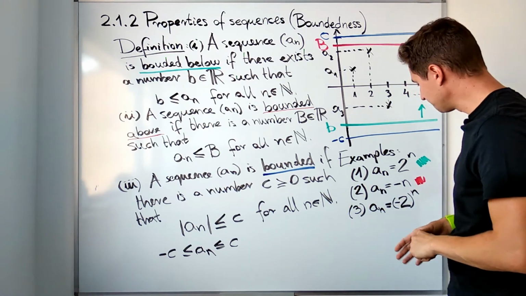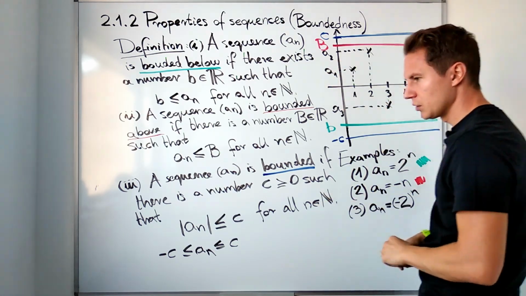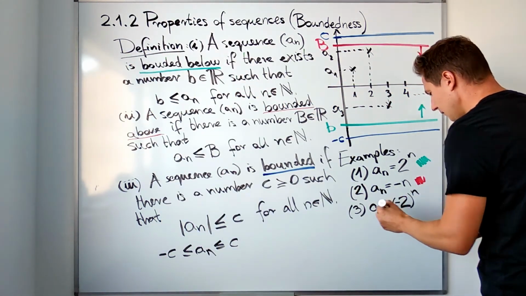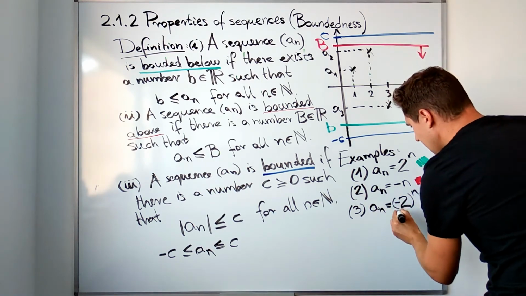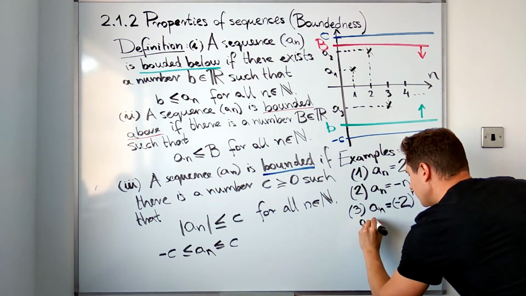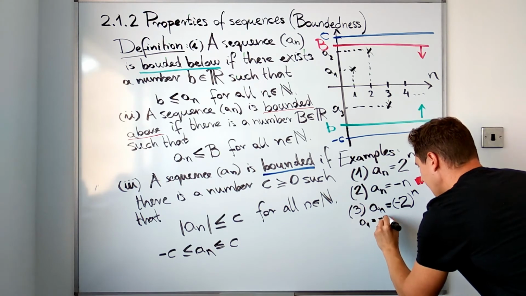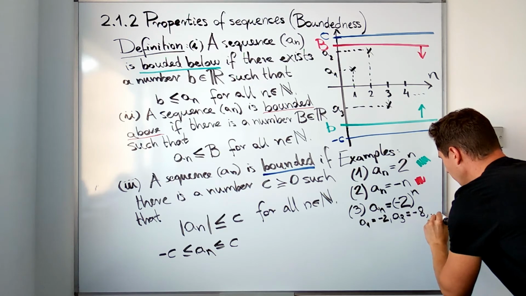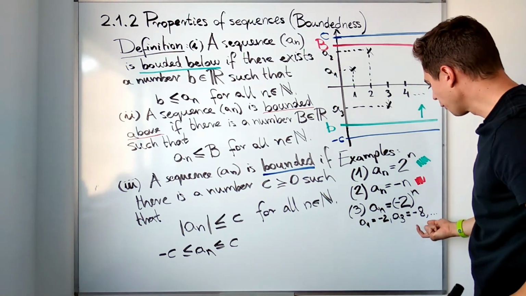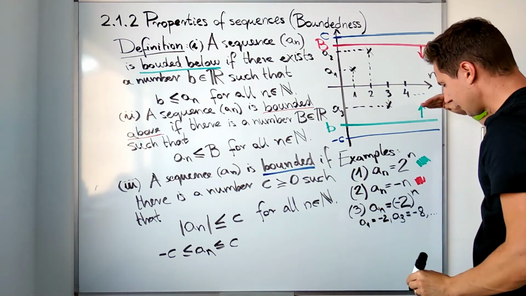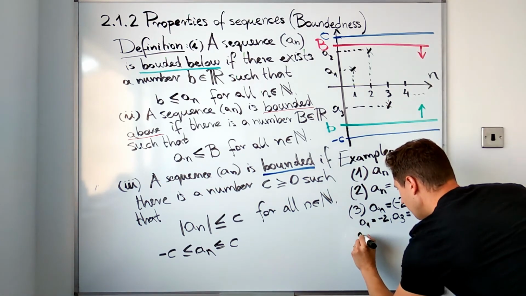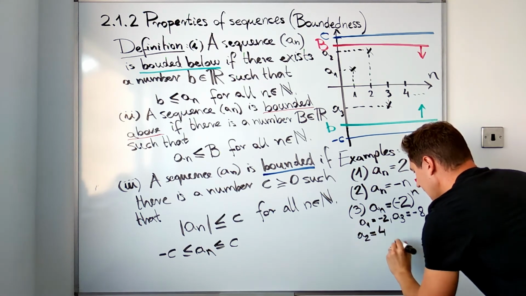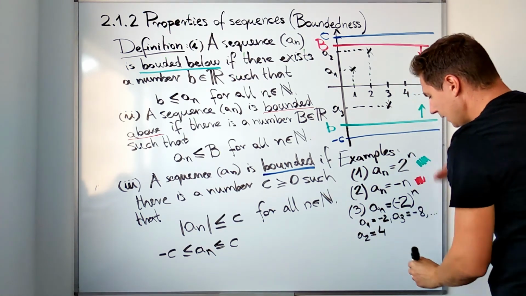This sequence is none of these things, so it has none of these properties, because if you look at the terms in the sequence which have odd indices, for the first term you get negative 2, for the third term you get negative 8, and so on. For the fifth term you would get negative 32. So these numbers get smaller and smaller, while the terms with even indices, like the second term, are greater and greater, getting bigger and bigger.